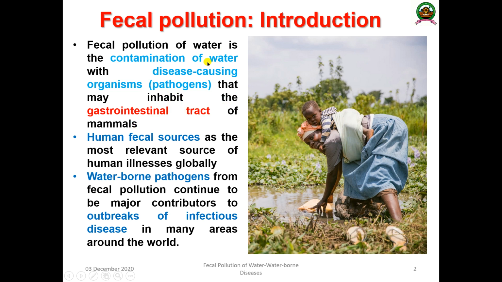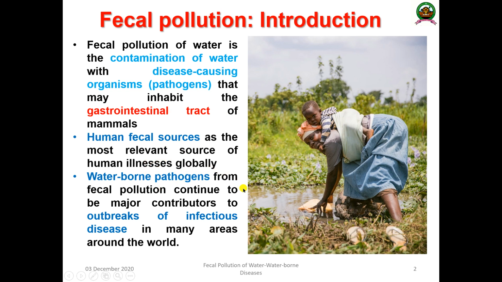So fecal pollution causes waterborne diseases, and the disease-causing organisms transmit through water and affect the gastrointestinal region of humans and other mammals. And human fecal sources are the most important sources of human illness worldwide. Okay, the human fecal sources are the most important sources of disease globally.